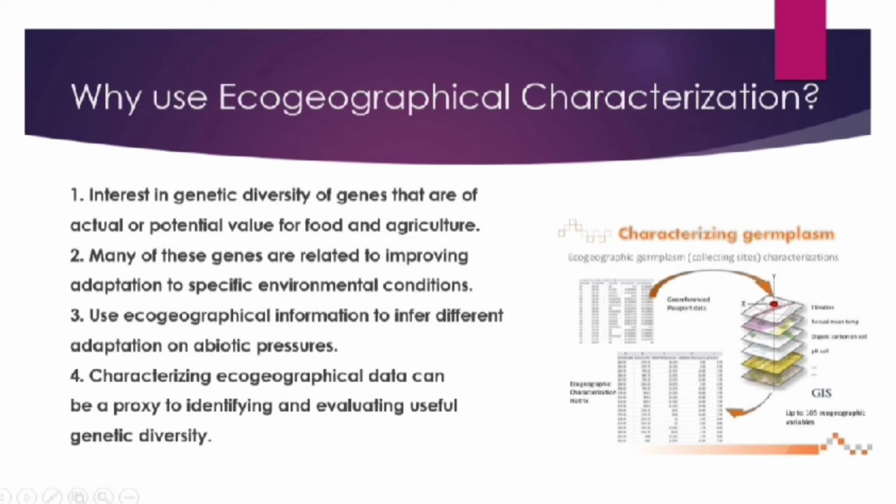Number 3, we should use ecogeographic information to make a conclusion about the different adaptation to abiotic pressure. And lastly, categorizing ecogeographic data can be a proxy to identify and evaluate useful genetic diversity.